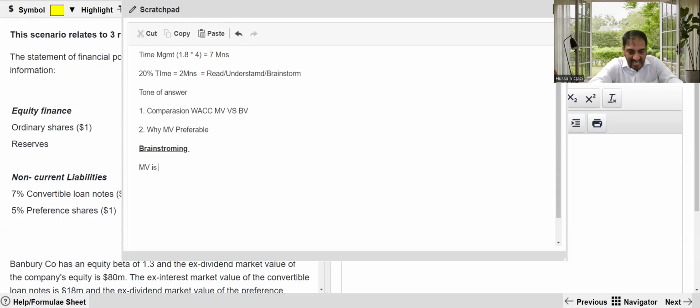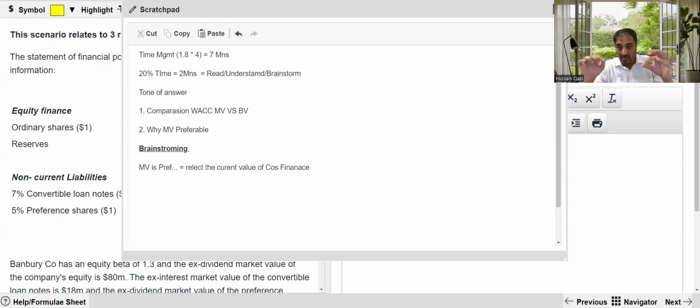Market value WACC is preferable because it reflects the current value of the company's finance. Finance means equity finance and debt finance. Current value, it's not the book value.